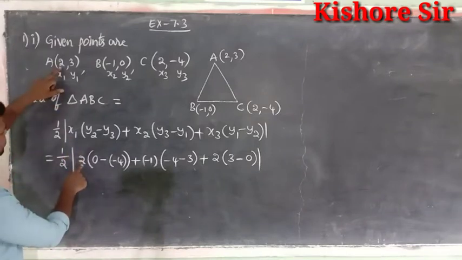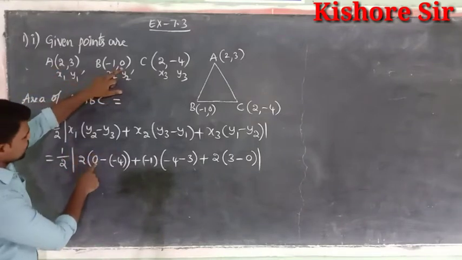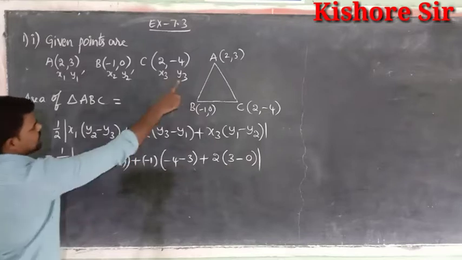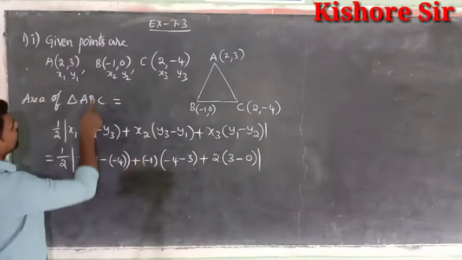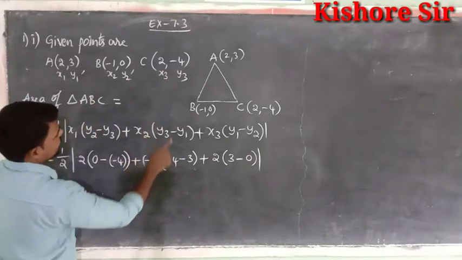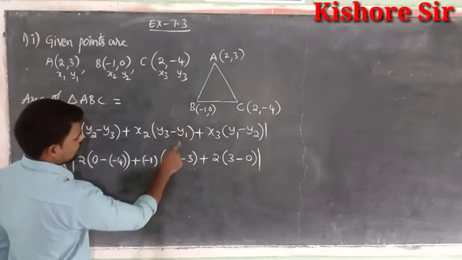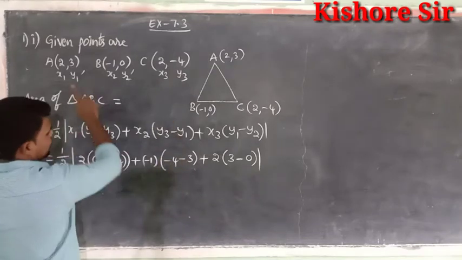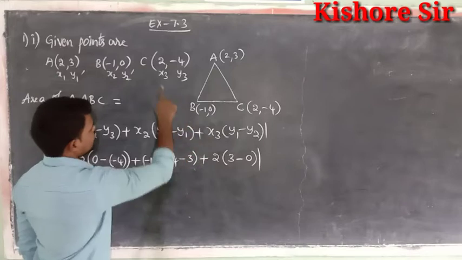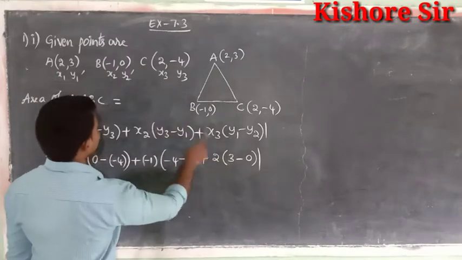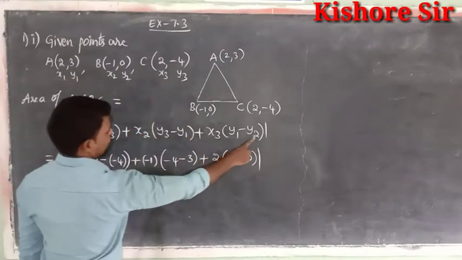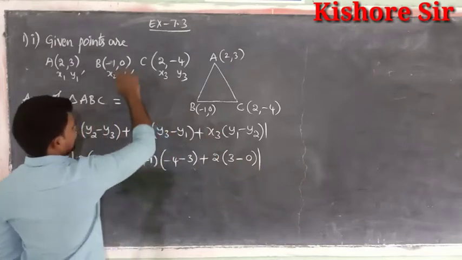x1 is 2, y2 is 0, y3 is minus 4, x2 is minus 1, y3 is minus 4, y1 is 3, x3 is 2, y1 is 3, and final y2 is 0.